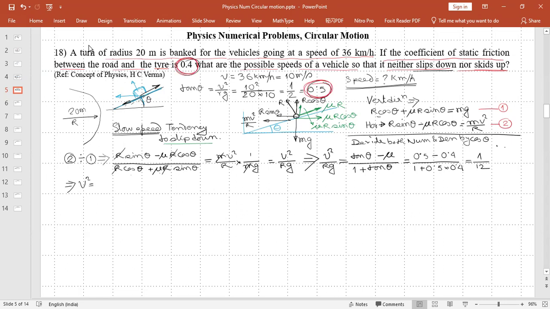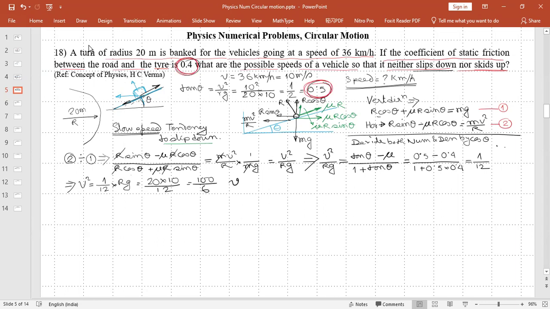From here we get v square is equal to 1 by 12 multiplied by rg, where r is given 20 meter, g is 10. This is equal to 100 upon 6.